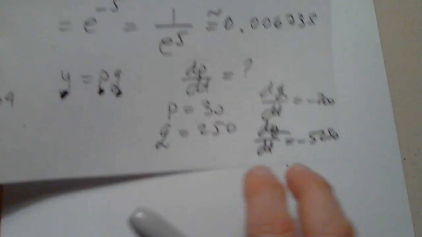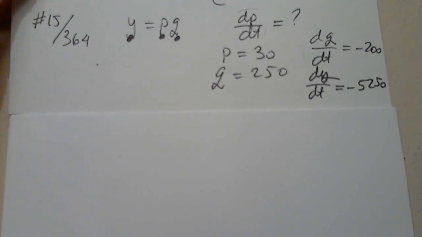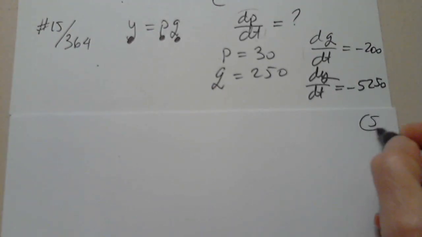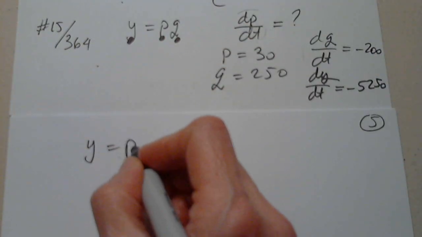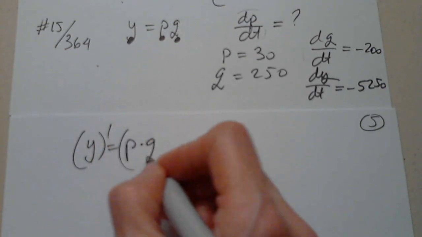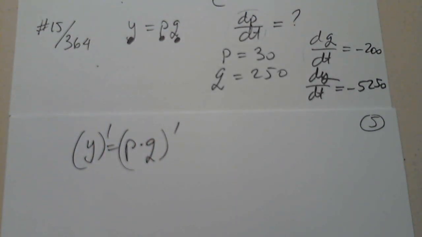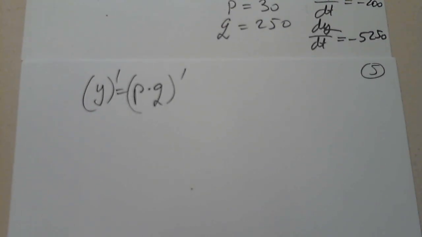Now I will use implicit differentiation. So I will differentiate both sides, keeping in mind that all are functions of t. Good. Can anyone help with the left-hand side?